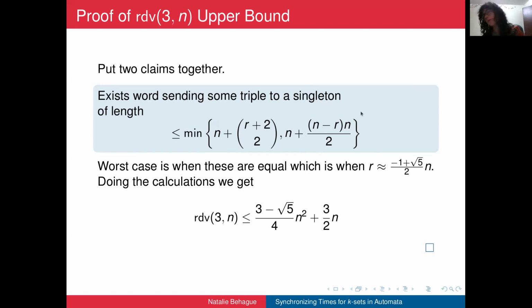Basically the weakness, at least what I think the weakness is, is that in k equals 3 we have an (r + 2 choose 2) term and an (n - r) times n over 2 term. They both feel quite quadratic, and you can get some reasonable bound out of them. But as you start increasing k, it feels like you're really only dealing with the edge cases.